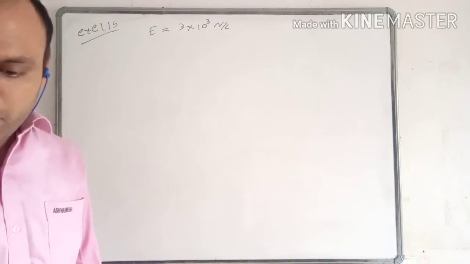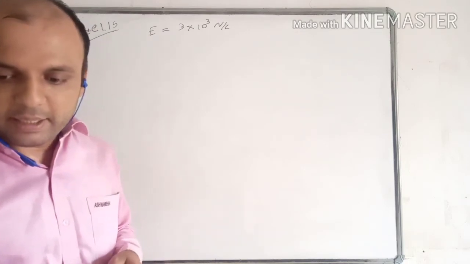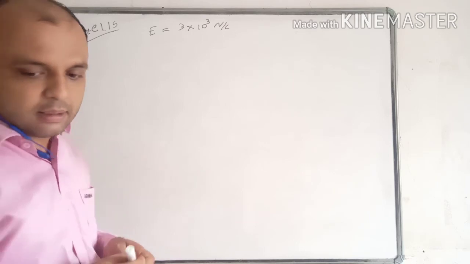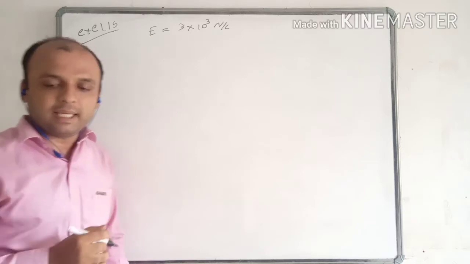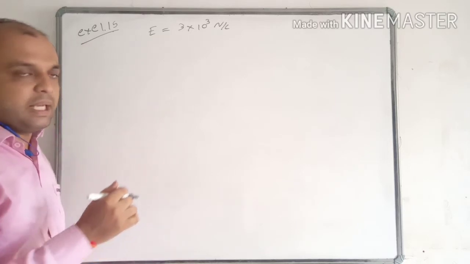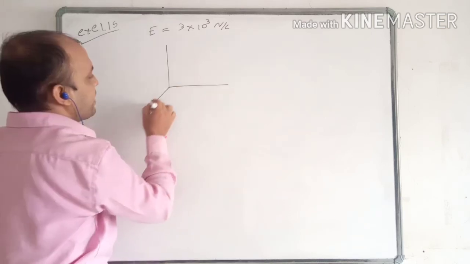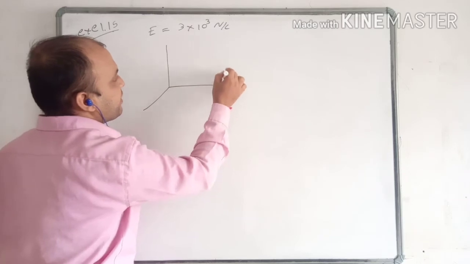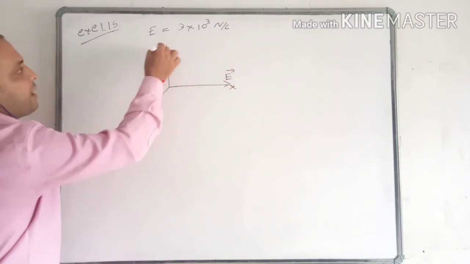Now we have two cases. In the first case we have to find the electric flux passing through the YZ plane. In the XYZ axes, the x-axis is the direction of the electric field.